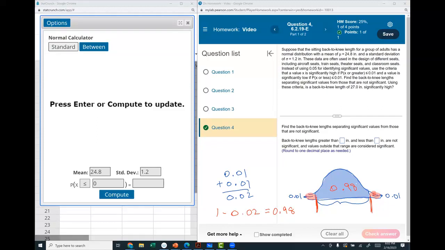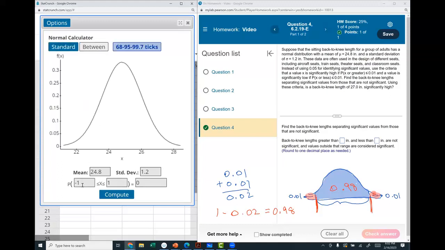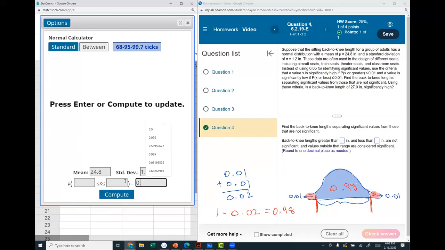So I can use between. I know the probability. I don't know what the numbers are, so I'm going to put 0.98. Since it's symmetric, it's going to always take the middle and take the 0.01 off of each side.